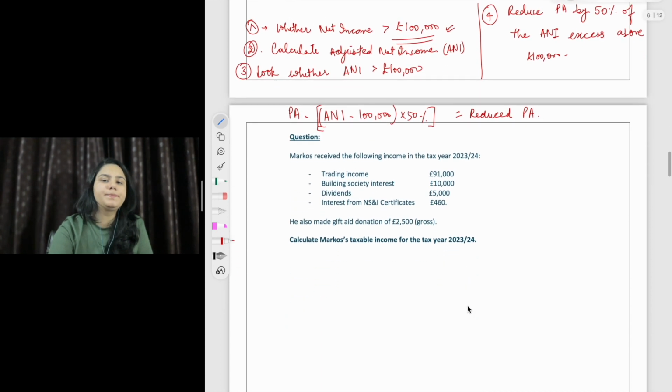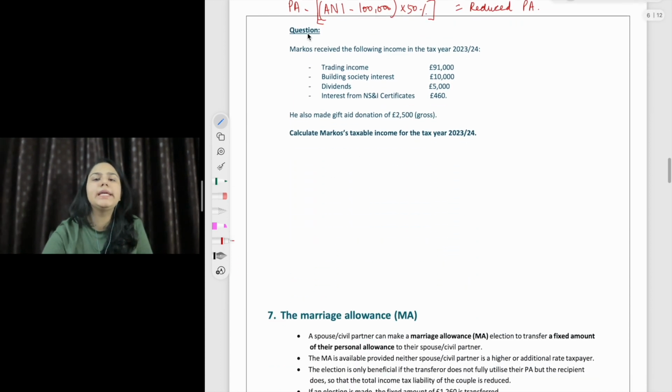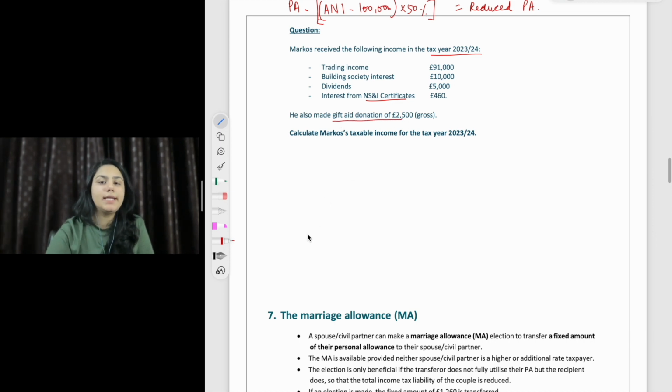Let's do a question. Here they say that Marcos received the following income in the tax year 23-24: trading income, building society interest, dividends, and interest from NSI certificates. He also has gross gift aid donations of 2,500. We have to calculate the taxable income.